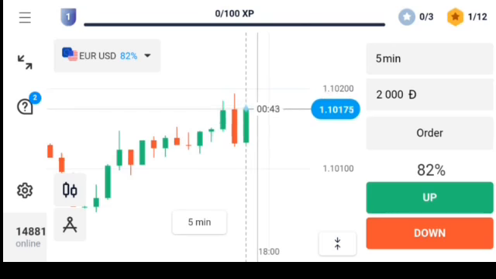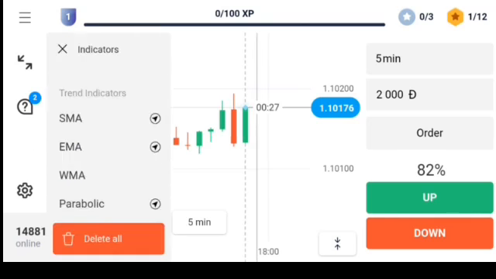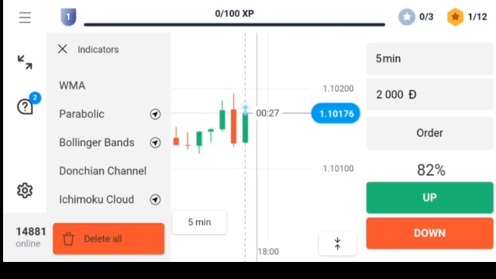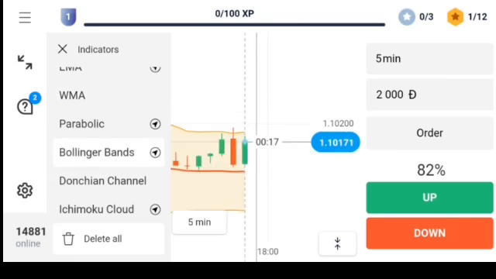So let's set our indicators. Select the indicators menu. Select Bollinger Bands. You leave it in the default settings.